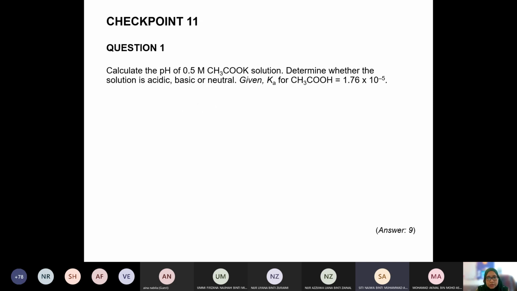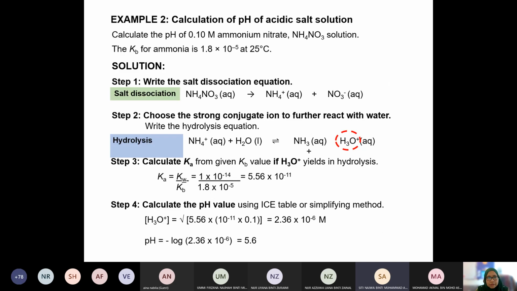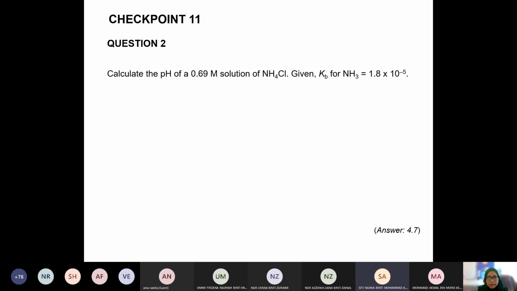So we are here just now. Done. Okay, question number 2. Calculate the pH of 0.69 molar of this NH4Cl. Given the Kb for NH3 is this. So it's the same method as just now.